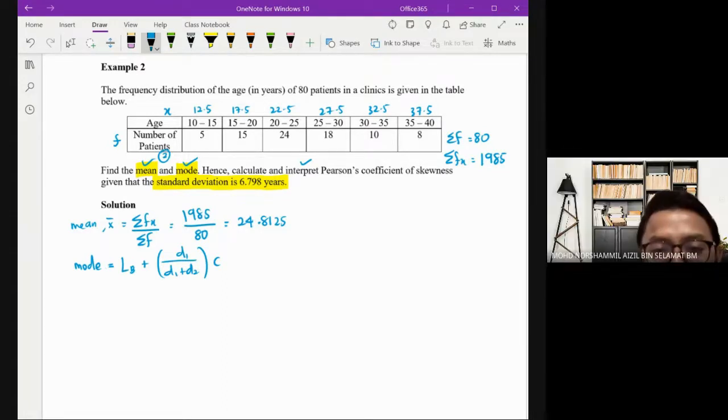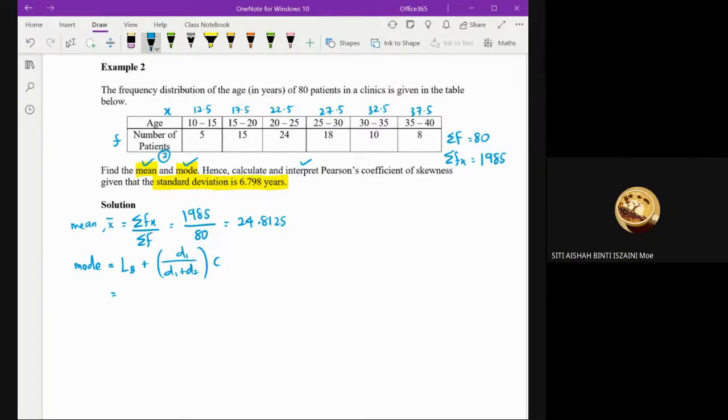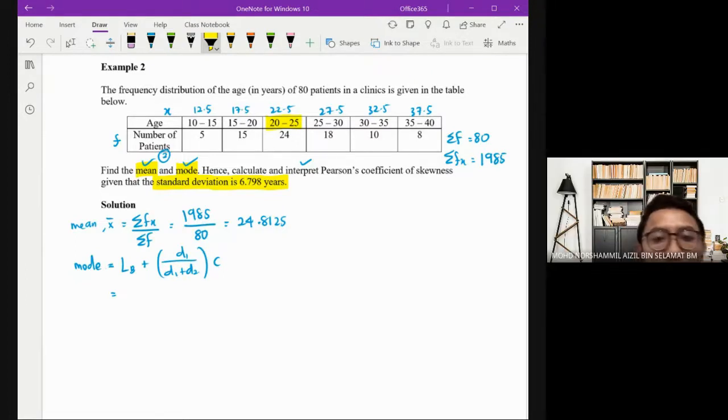Which class for the mode? Which age? 20 to 25, right? So this is the class, and we use D1 over D1 plus D2. Lower boundary, guys, lower boundary.